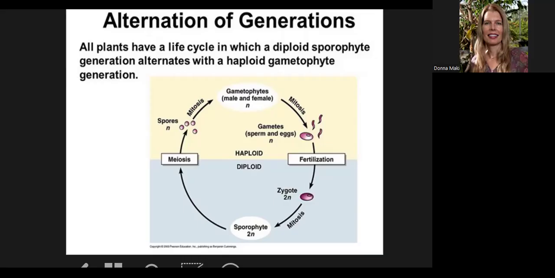But now we're putting it into context of how these plants live their life. So here you can see that once meiosis is all done, the spores will get released. They're haploid. They're going to germinate and grow, mitosis, mitosis, mitosis, into the gametophyte phase.